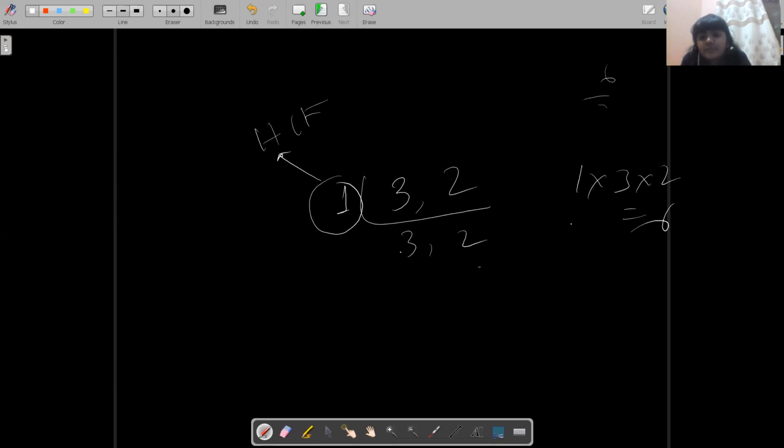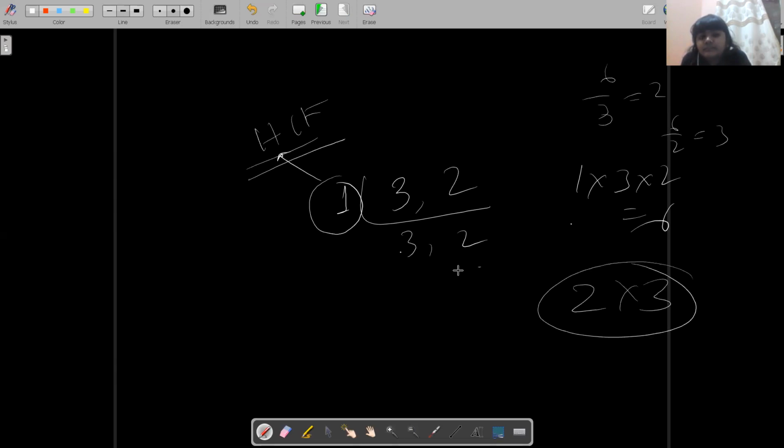And 6 by 3 is 2, 6 by 2 is 3, giving an integer value. So if two numbers have no common factor, the HCF is 1 and the LCM is the product of the two numbers.